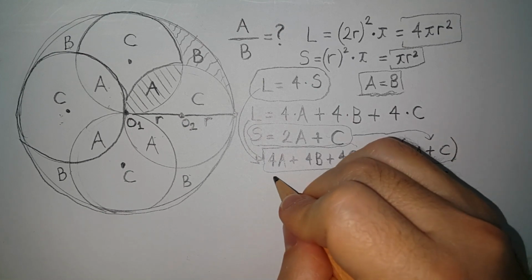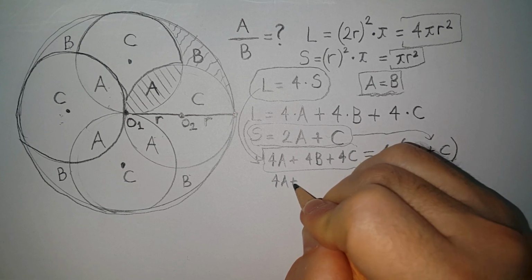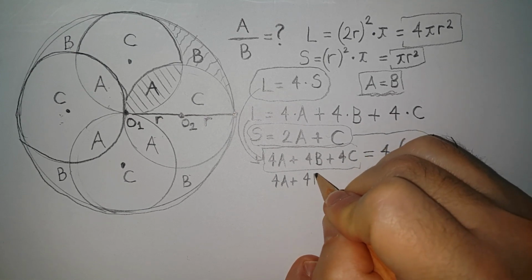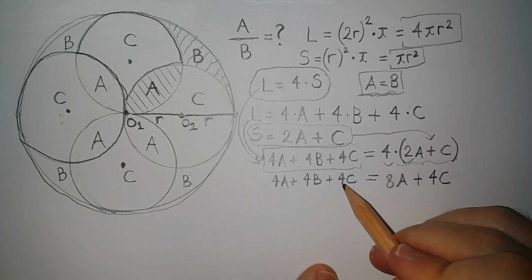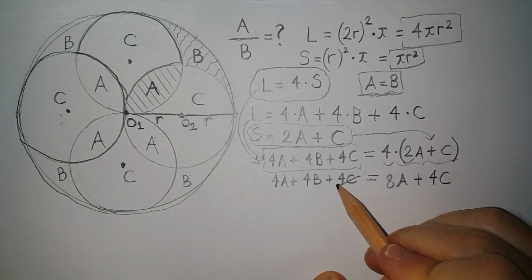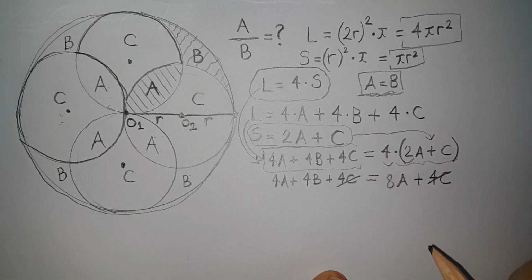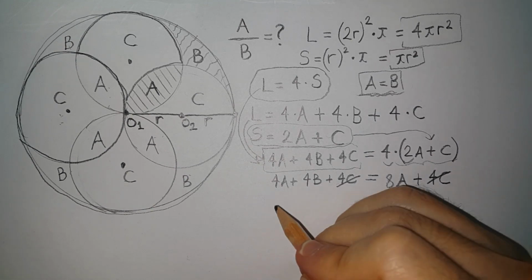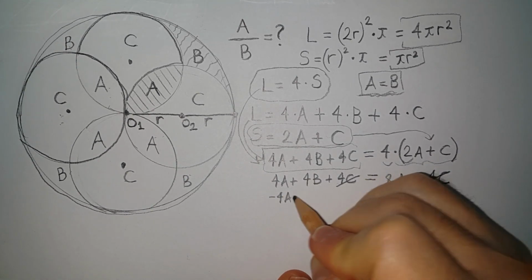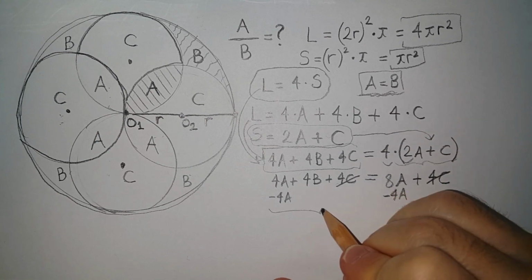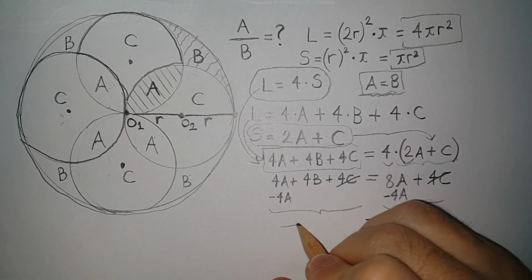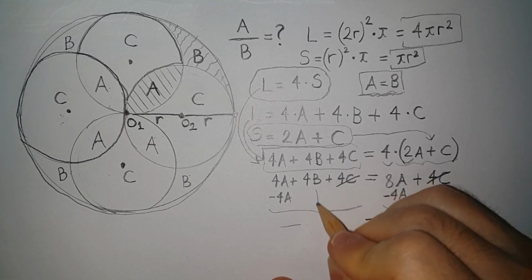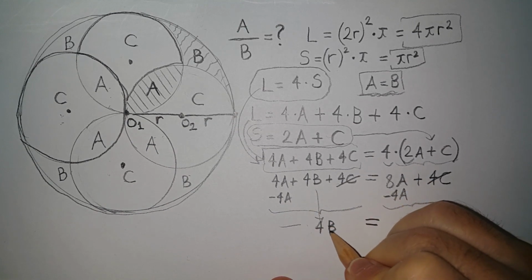So we have 8a plus 4c over here. And on the other side, we have the same thing we had up here, which is 4a plus 4b plus 4c. I want to make this quick, so let's just cancel 4c's over here. They cancel because they are the same thing. And we subtract 4a from both sides of the equation. And what we get next is 4a minus 4a is nothing, and we get 4b down here.